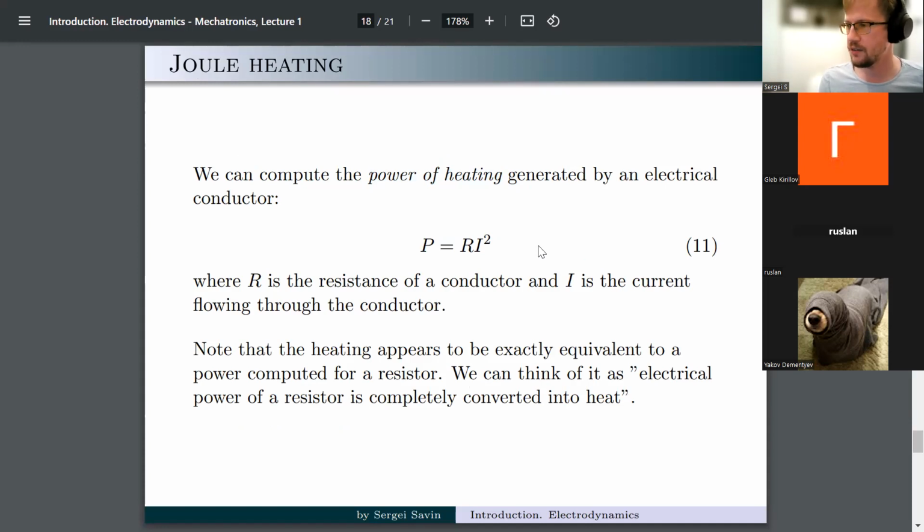Each time you conduct a current through a resistor, it diminishes the available power by this amount. So it just basically transfers electricity into heat. And it is important to keep in mind because it will be useful later when we talk about efficiency. So that is what resistors do in terms of power.